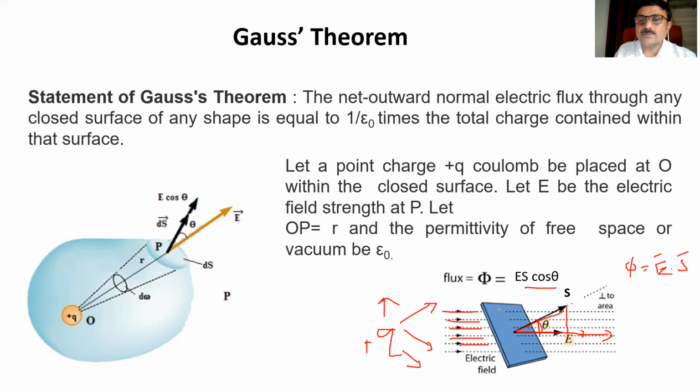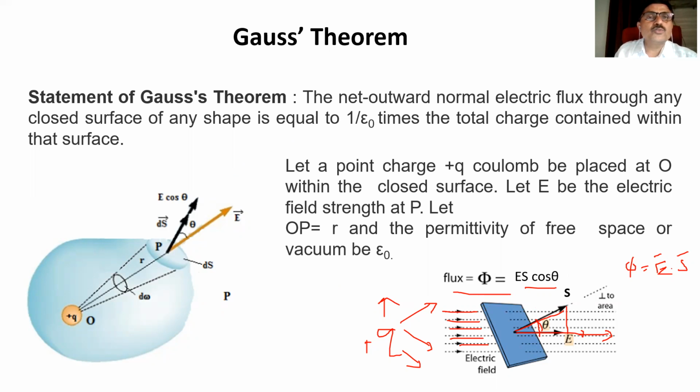So if the surface is exactly perpendicular to the electric field lines, the angle between E and S will be zero, hence the flux will be E into S. But since the surface is inclined at an angle theta, the electric flux passing through the surface is given as E into S into cos theta. This is very important because you have to use this while studying the Gauss theorem.